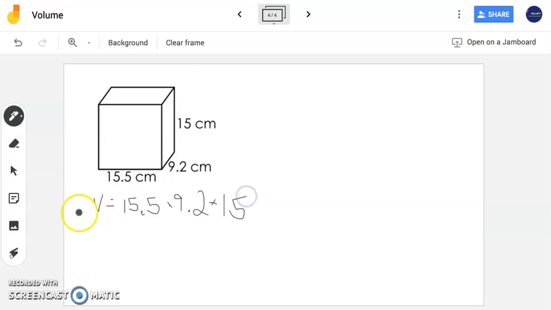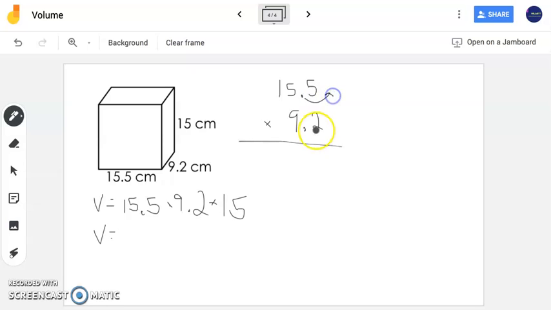Now I'm going to take this into 2 steps just like I did for the previous problems. What I'm first going to do is multiply my length times my width, which is actually my area of the base. So I'm going to write 15 and 5/10 times 9 and 2/10.